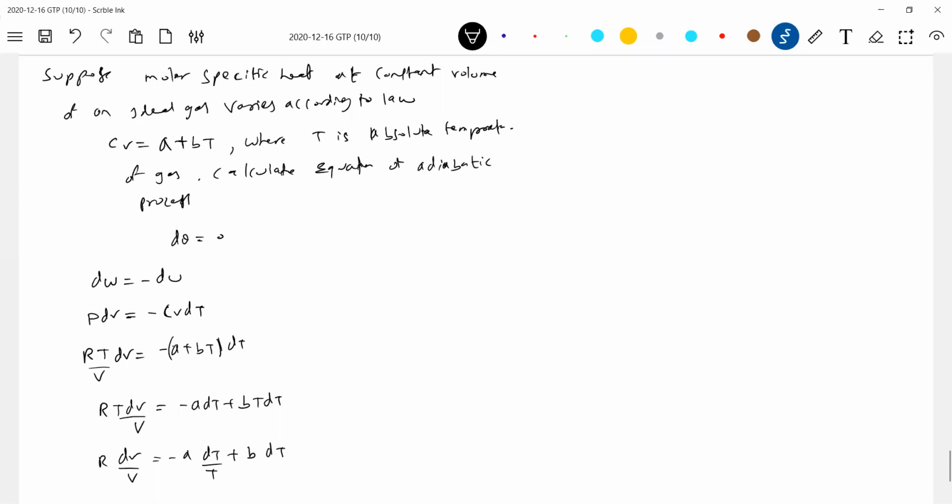Let me integrate this: R dV by V minus A dT by T plus B dT. Limits will be the volumes V1, V2, T1, T2. This will become R log of V2 by V1 minus A log of T2 by T1 plus B times T2 minus T1. The negative sign should go for this also, no?